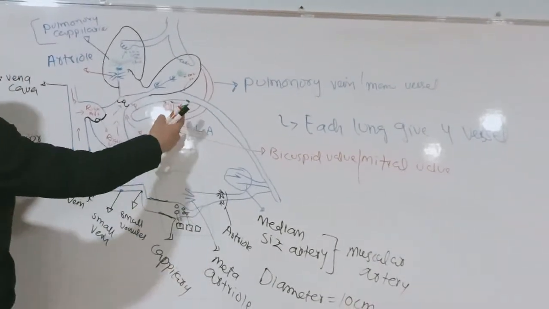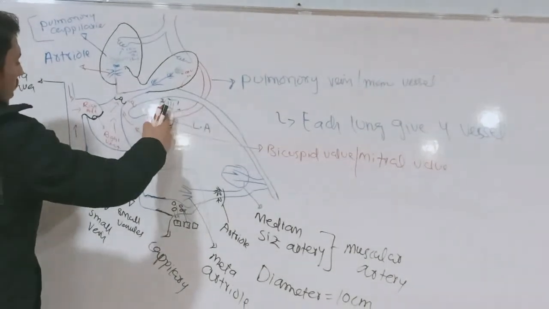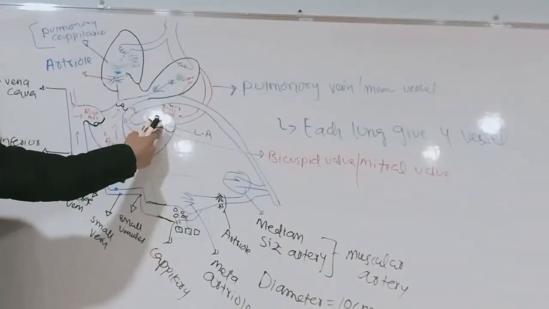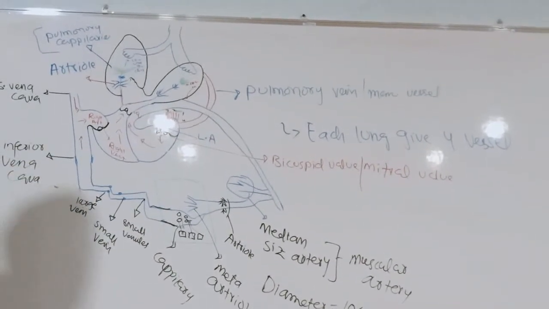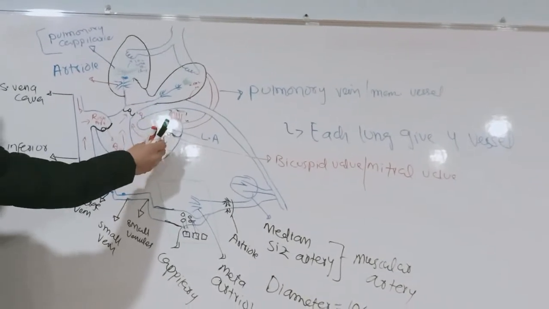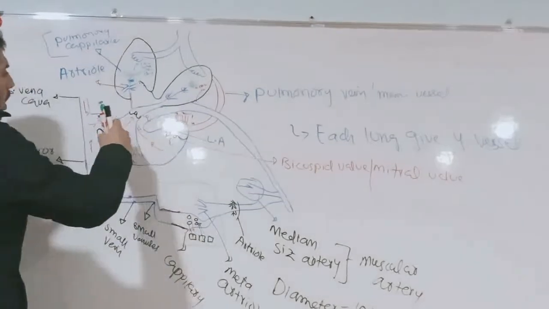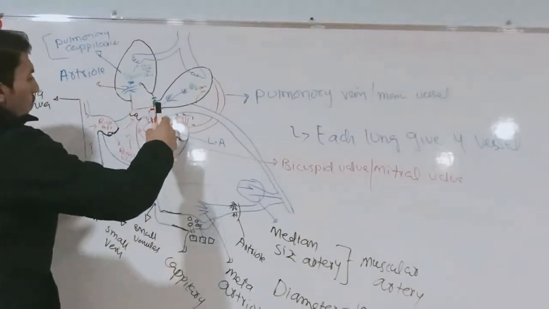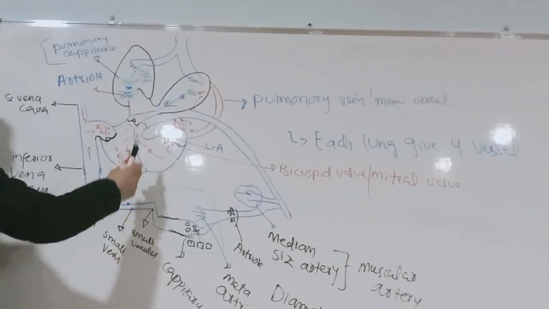Now when oxygenated blood comes through the pulmonary vein into the left atrium, from the left atrium it goes to the left ventricle through which valve? Through the mitral valve. When the left ventricle contracts, it pushes the blood into the aorta through the aortic valve.